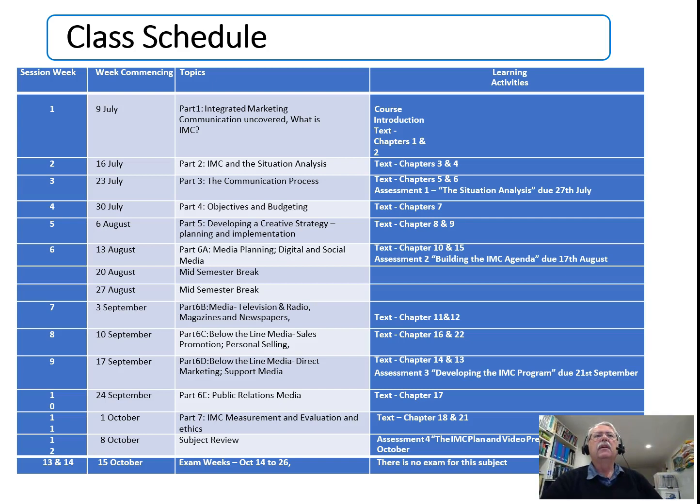We've covered the situation analysis, the communication process, budgeting, the different kinds of media, public relations, personal selling, etc., and looking at the evaluation and measurement process. So putting all this together is the focus of Assessment 4. It's taking Assessments 1, 2, and 3 and putting those together into an overall document, and then producing a video presentation.